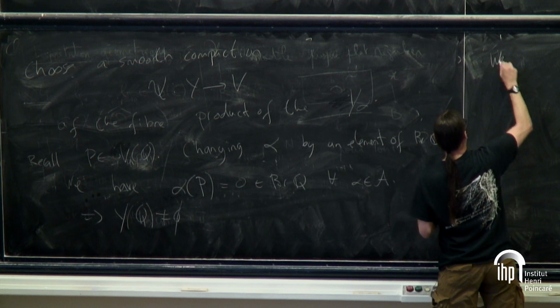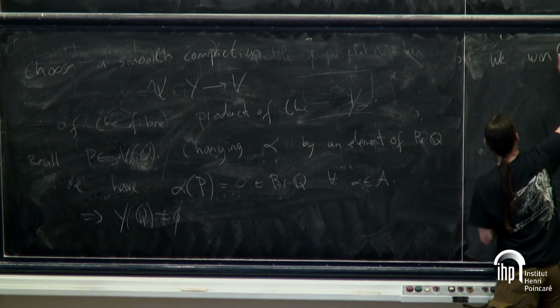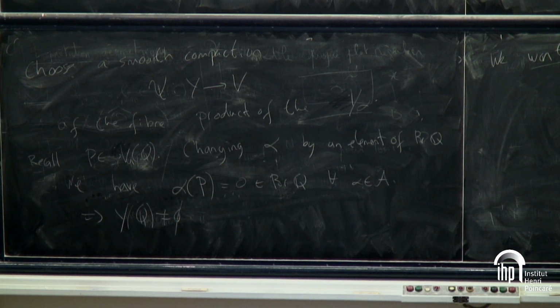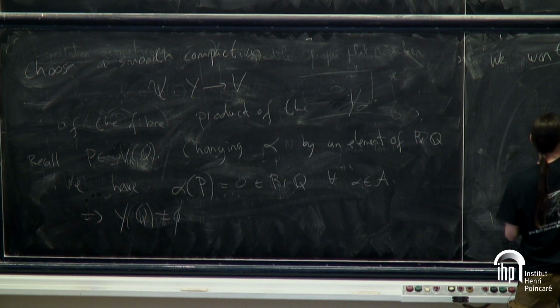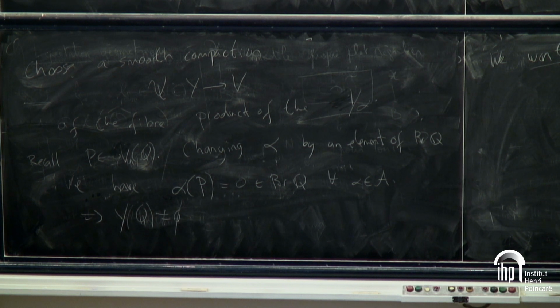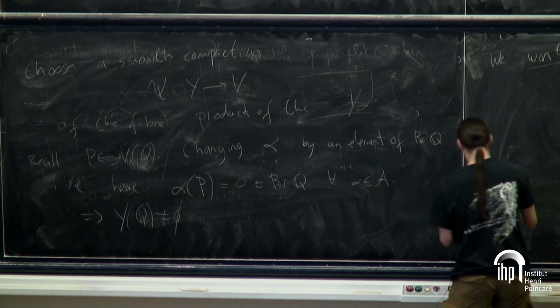Okay, now I can try and do the proof. I'll tell you how we want to prove the theorem. We want to apply Theorem 1 to this composition. This is my original fibration, and this is these Brauer-Severi schemes.